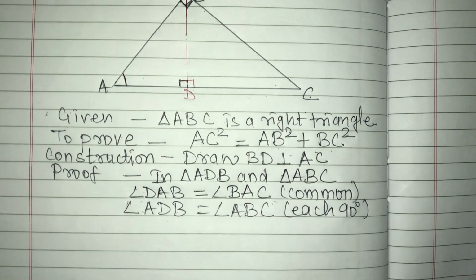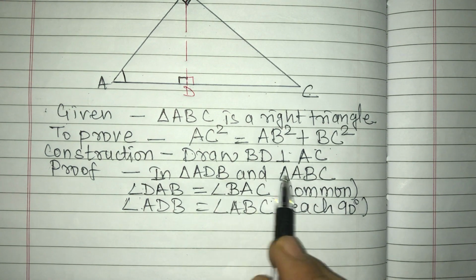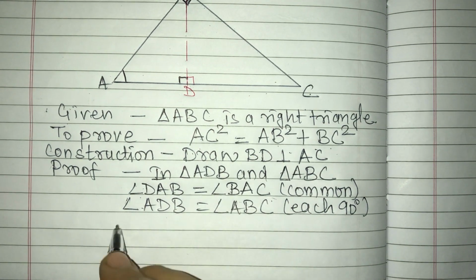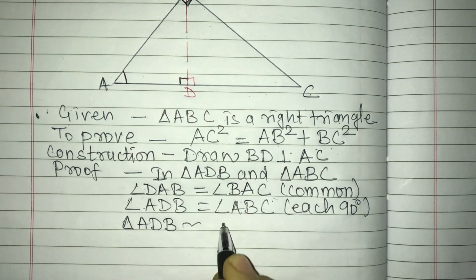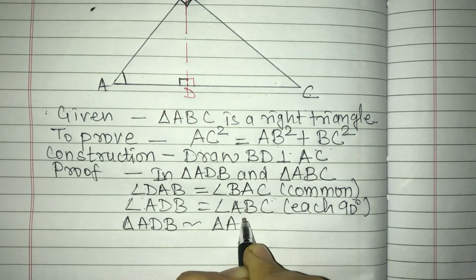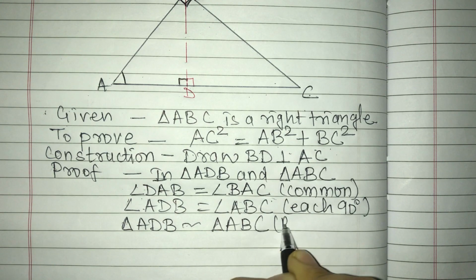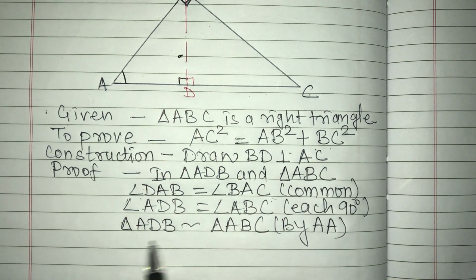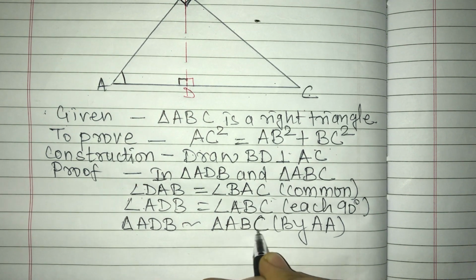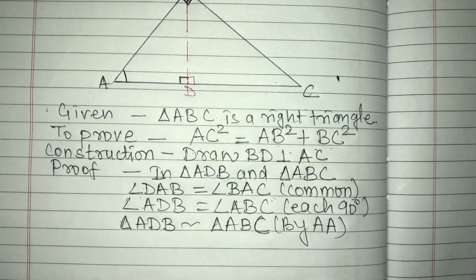So now we have two angles which are equal in these two triangles. So by AA criteria, triangle ADB is similar to triangle ABC.